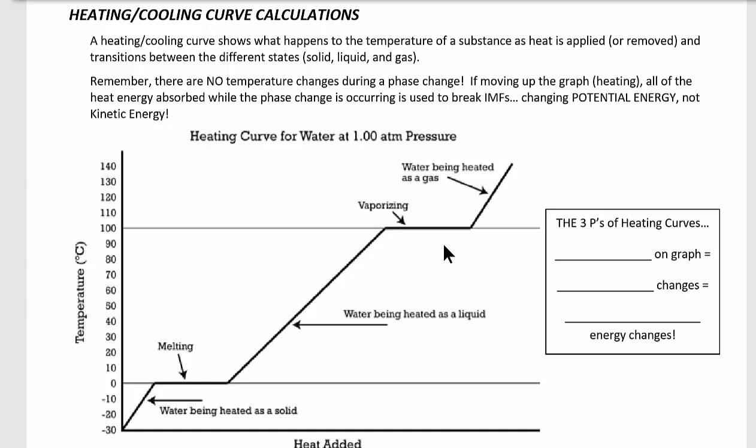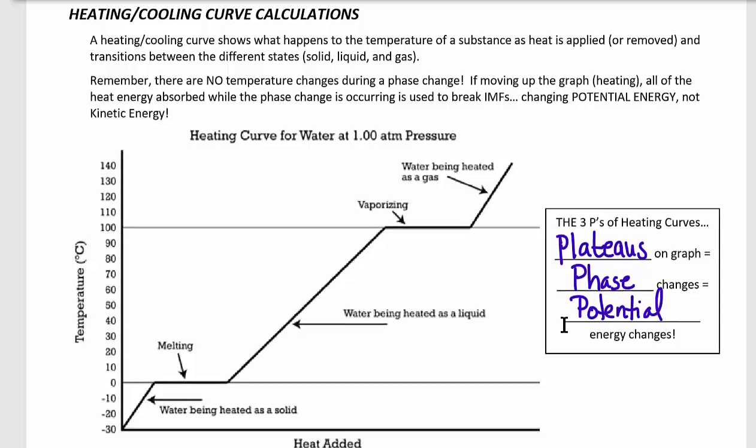So we're changing the potential energy, not the kinetic energy, during phase changes. If it helps you to remember, use the 3 P's of the heating curves. Plateaus on a graph equal the phase changes, which equals potential energy changes.